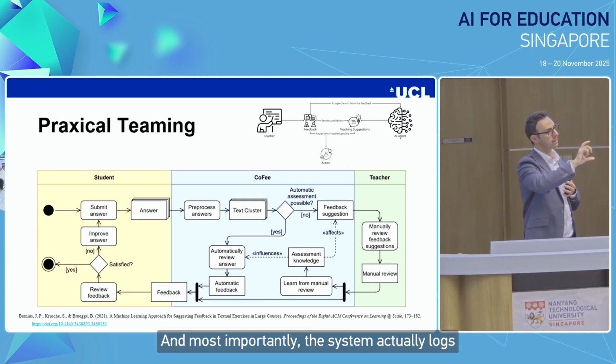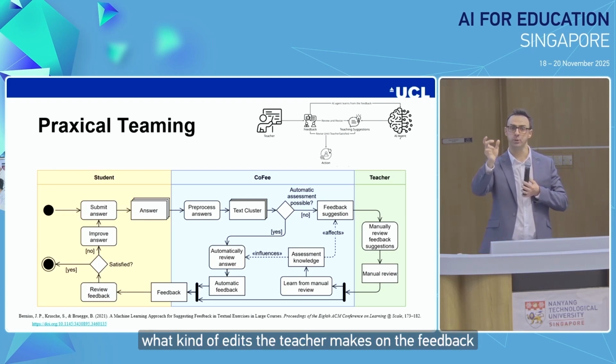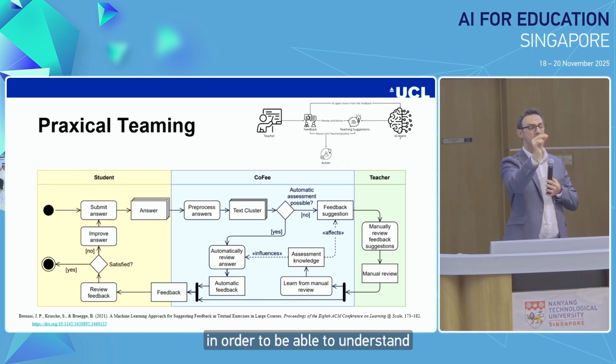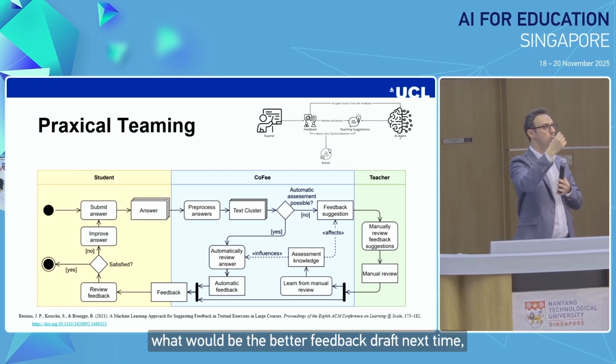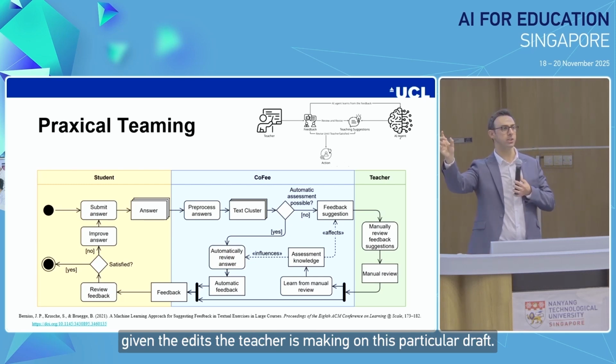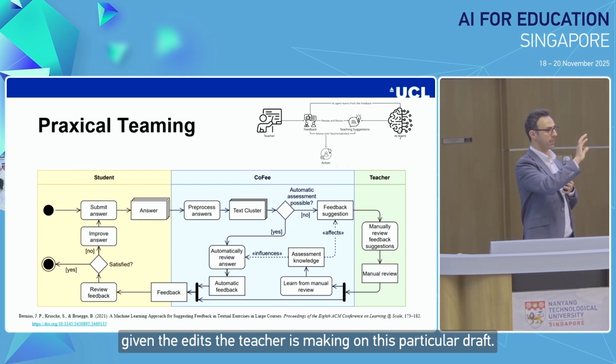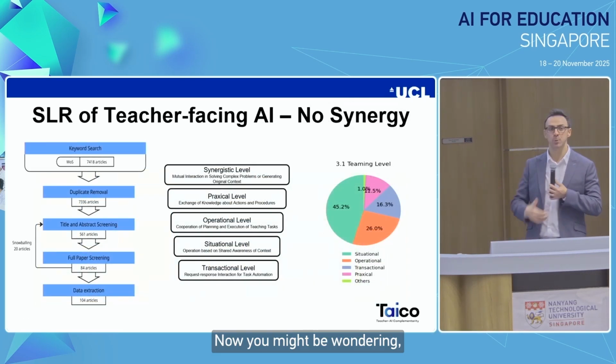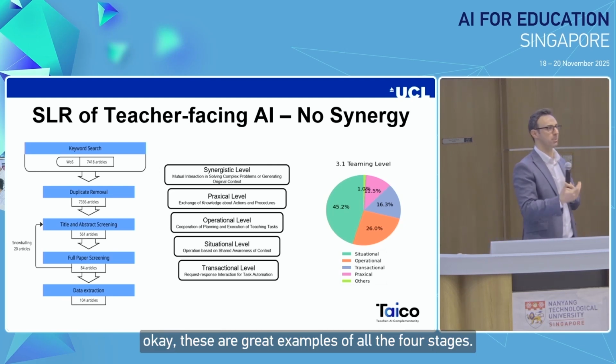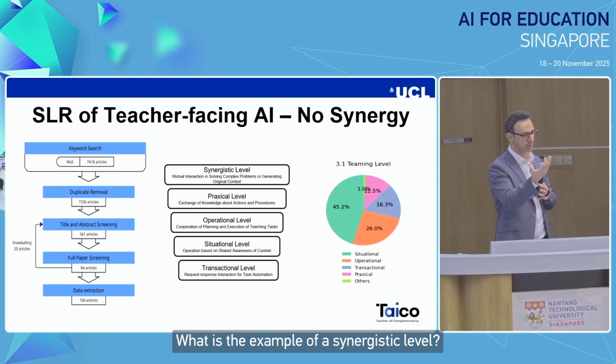And most importantly, the system actually logs what kind of edits the teacher makes on the feedback in order to be able to understand what would be the better feedback draft next time, given the edits the teacher is making on this particular draft. Now, you might be wondering, okay, these are great examples of all the 4 stages. Where is the example of a synergistic level?